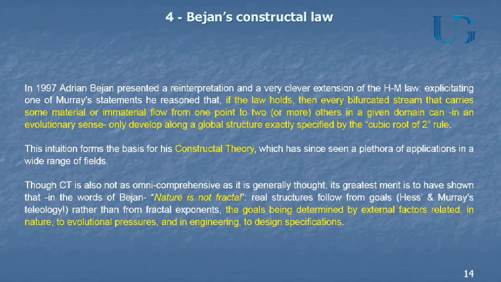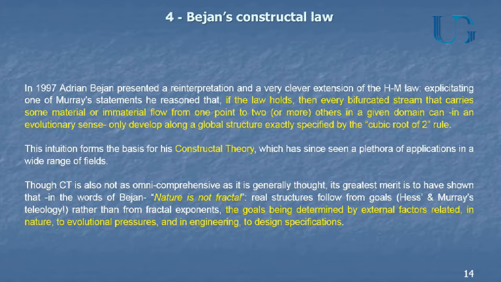Then every structure must have the radius ratio 1 over the cubic root of 2 and the splitting angle given by Murray's law. Okay? So we can construct, that's why constructal theory, we can build, design structures or interpret the natural structures by using this law.